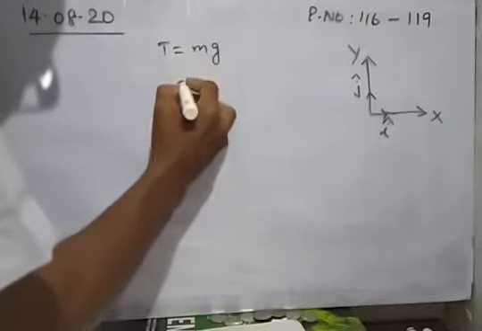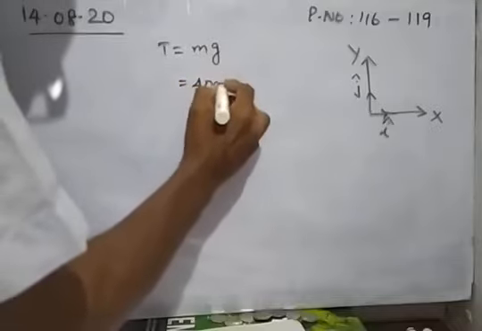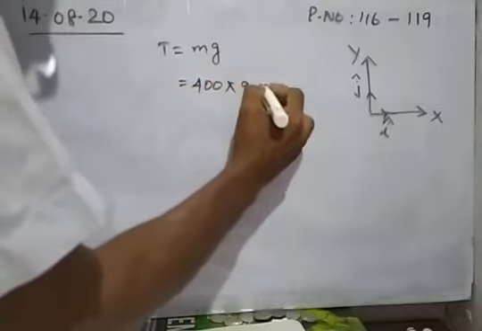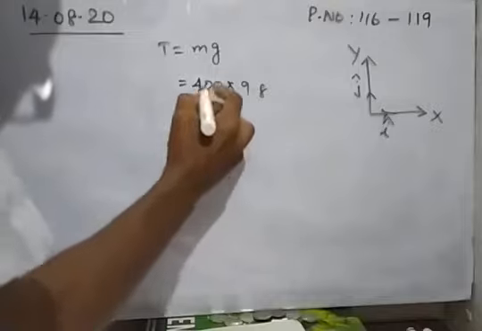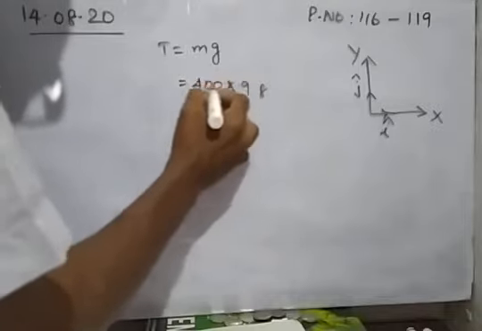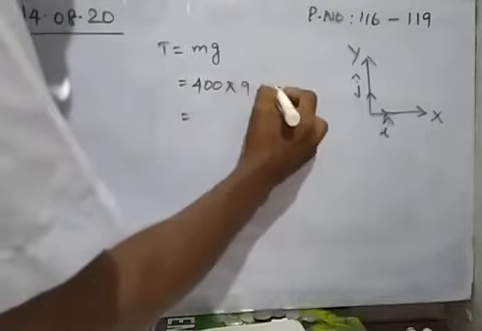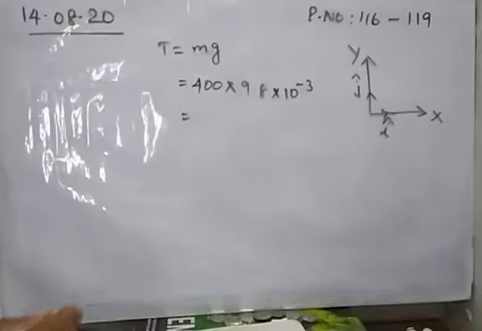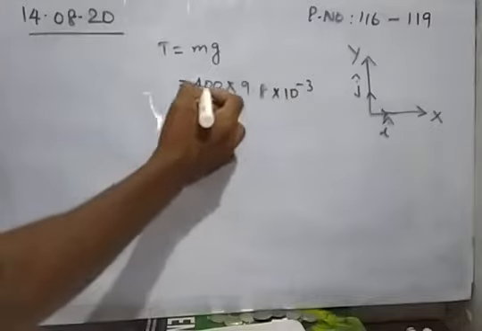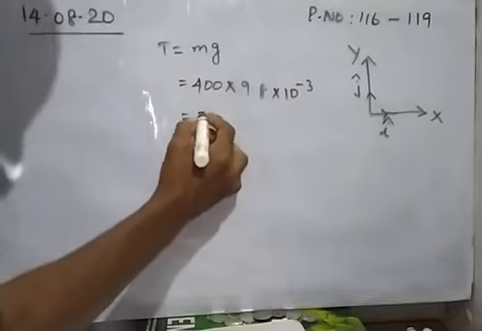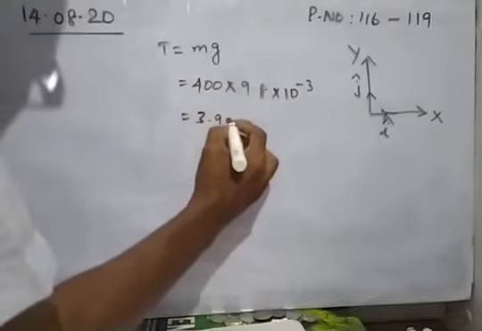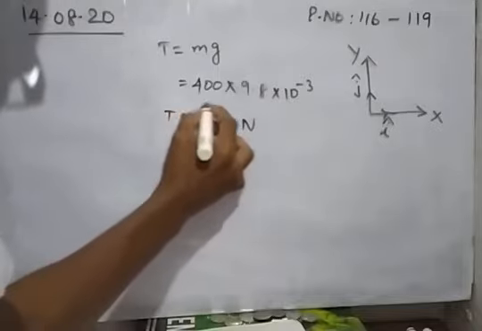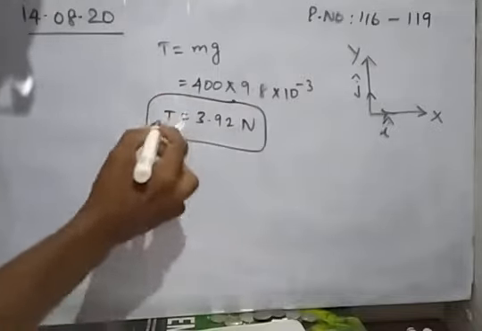Here the mass is 400 gram and the acceleration due to gravity is 9.8. To convert grams into kilogram, we multiply by 10 to the power of minus 3. On multiplying, you will get 0.4 into 9.8, which is equal to 3.92 Newton. It is the tension force that acts on the cord.